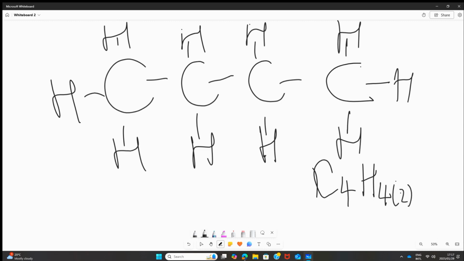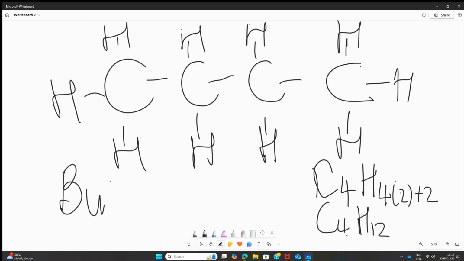C4H4 times 2 plus 2. Therefore, this is C4H10. So your butane would have a molecular formula of C4H10. And how do you name it now? But for the carbon chain, which is 4, and then ane for indicating that it is an alkane.